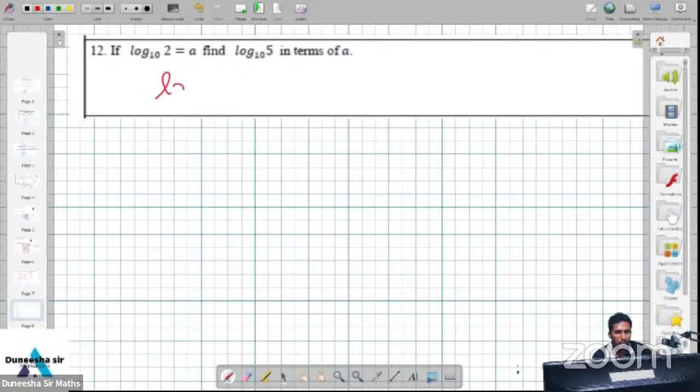You can take log 10 in term of a. How we write it? Can you do?